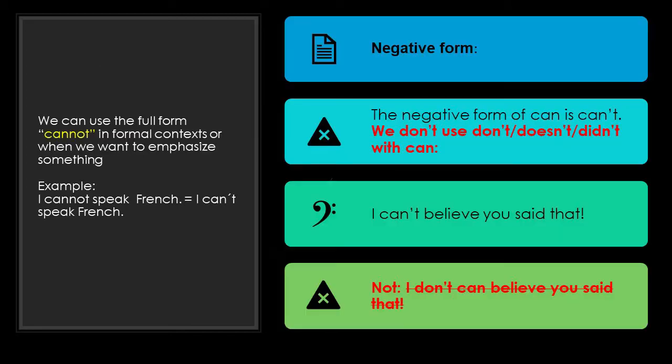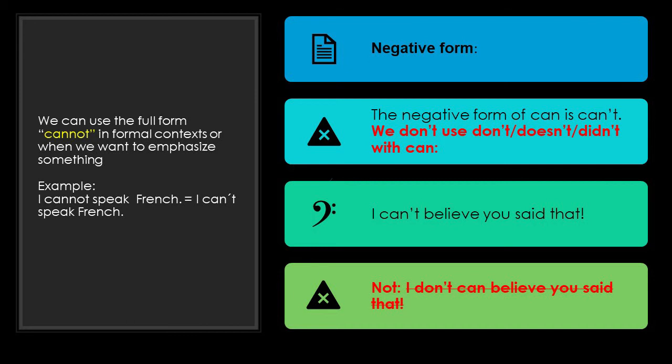Now I'm going to explain negative statements. For the negative form, we have two options. We can use can't or cannot. I'm going to explain can't first. Remember that we don't use don't, doesn't, or didn't with can't.